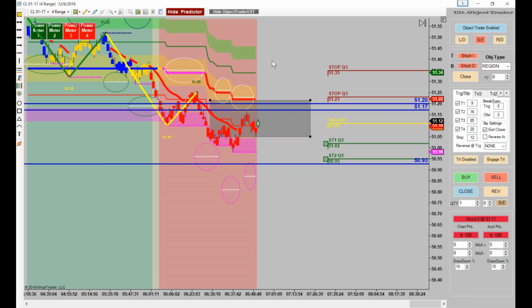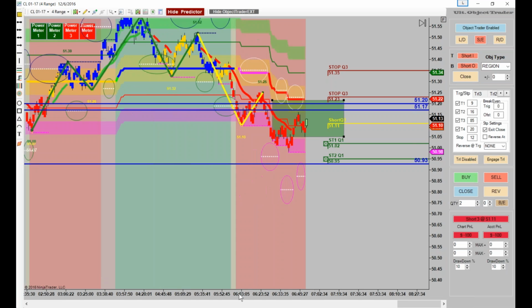So I'll go ahead and turn on Object Trader, but I'm going to go 2. Now notice we're down 130 because of that first trade that I made at the wrong time because it didn't work out. I was trying to show if you wanted to do one contract instead of 3, and then I accidentally hit 3 twice, so obviously we had 7.